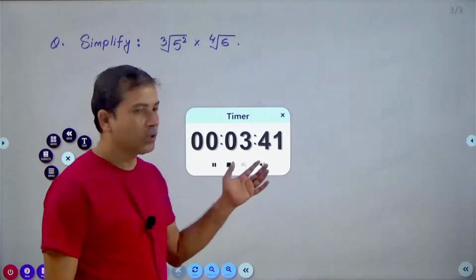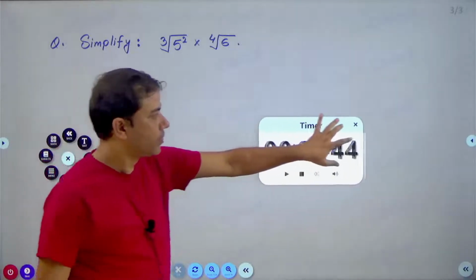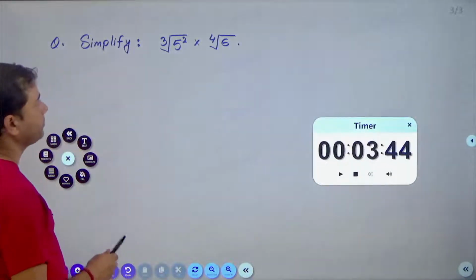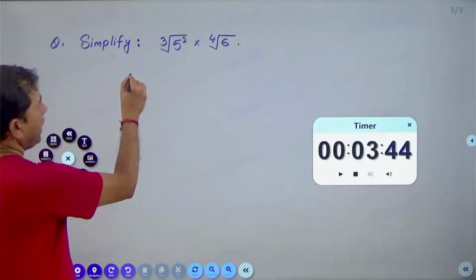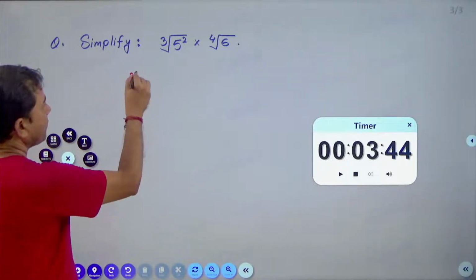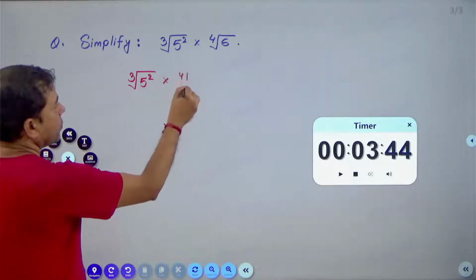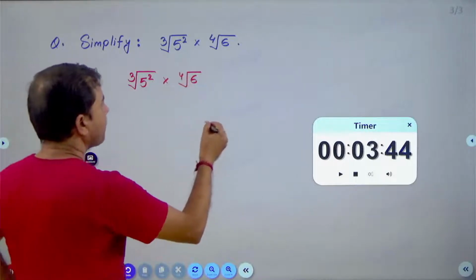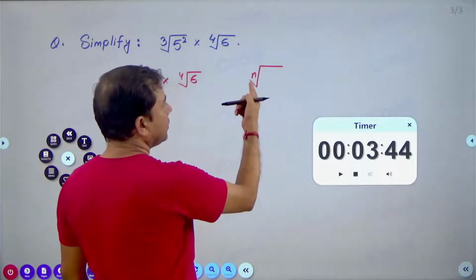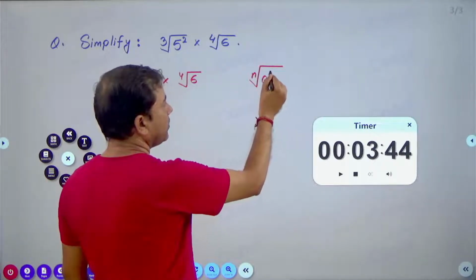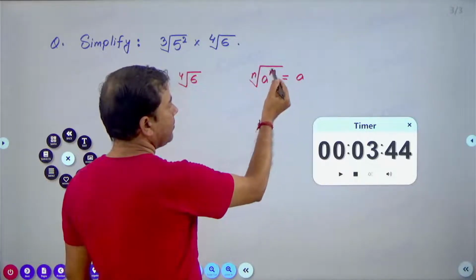Are you done? It's more than 3 minutes now. Leave it. No, sir. See here. We have cube root of 5 square times fourth root of 6, and the rule is: nth root of a raised to the power m can be written as a raised to the power m by n.